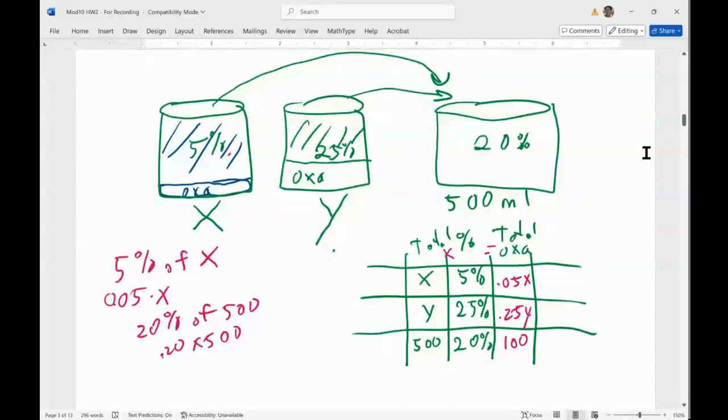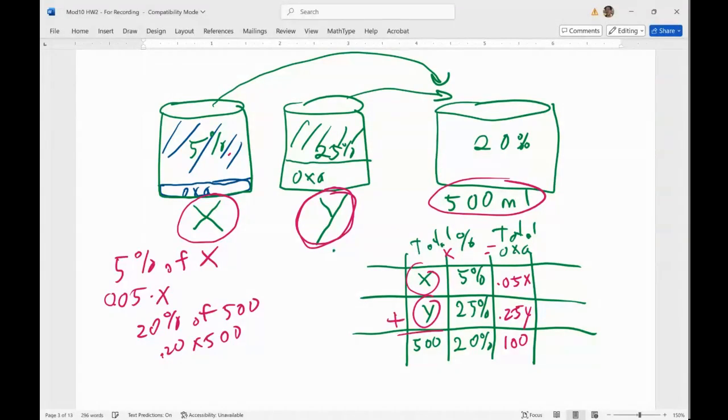Okay, now if you think about it, you're mixing x milliliters of this with y milliliters of that, and you're getting a total of 500. So if you add the x and the y, you'll get 500, and that's one of my equations: x plus y equals 500.